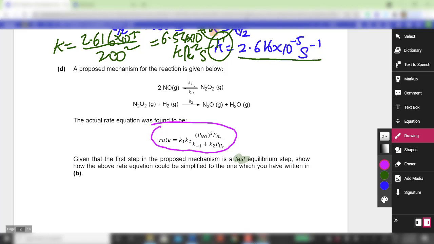Because it is a fast equilibrium step, you would expect the values of these two, k1 and k minus 1, to be way bigger than k2. Why is that the case? Fast equilibrium step means that they dominate in terms of rate constant.